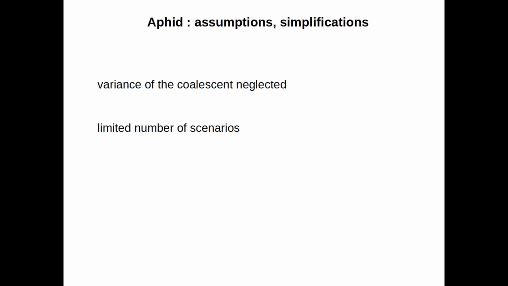The simulation suggests that it is reasonably robust to this problem, which is very good because these approximations make the method extremely fast. So you can analyze thousands of gene trees in a couple of seconds, or a couple of minutes if you want confidence intervals. That's much faster than the full coalescent methods that also exist.